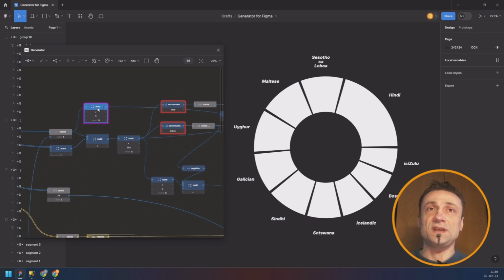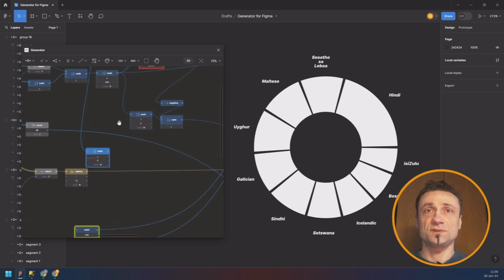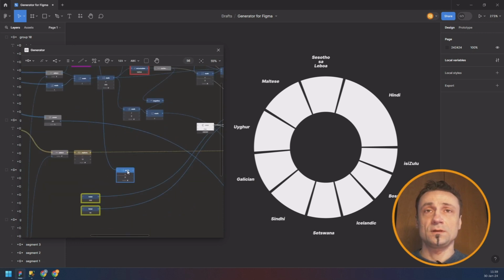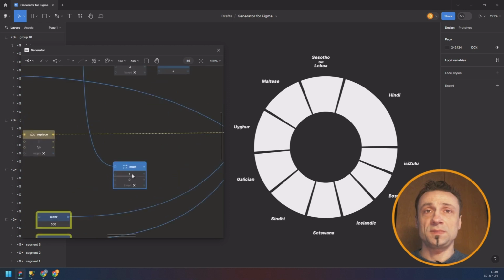So now we need to take this, multiply it by 2, so Control-Alt gives me a new branch. Let's do this over here. So multiply by 2.